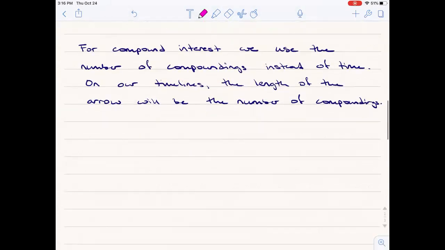Some notation, right? The number of compoundings is denoted by a lowercase n. So n is the number of compoundings.